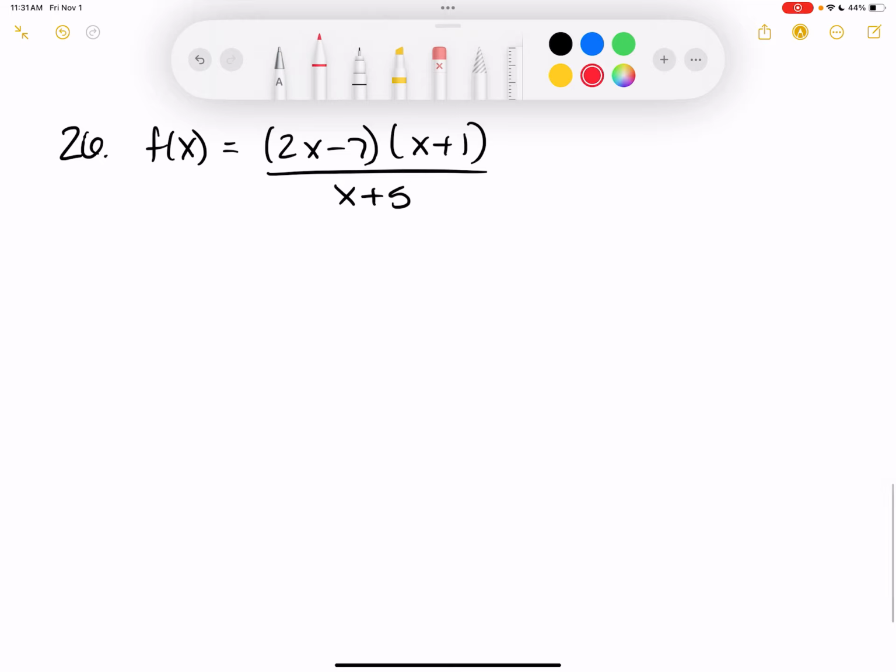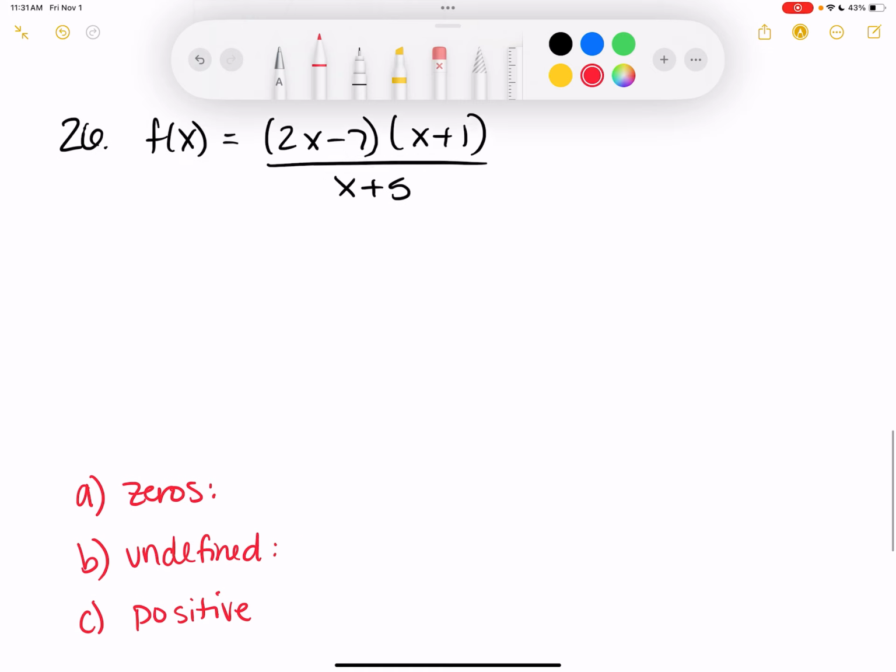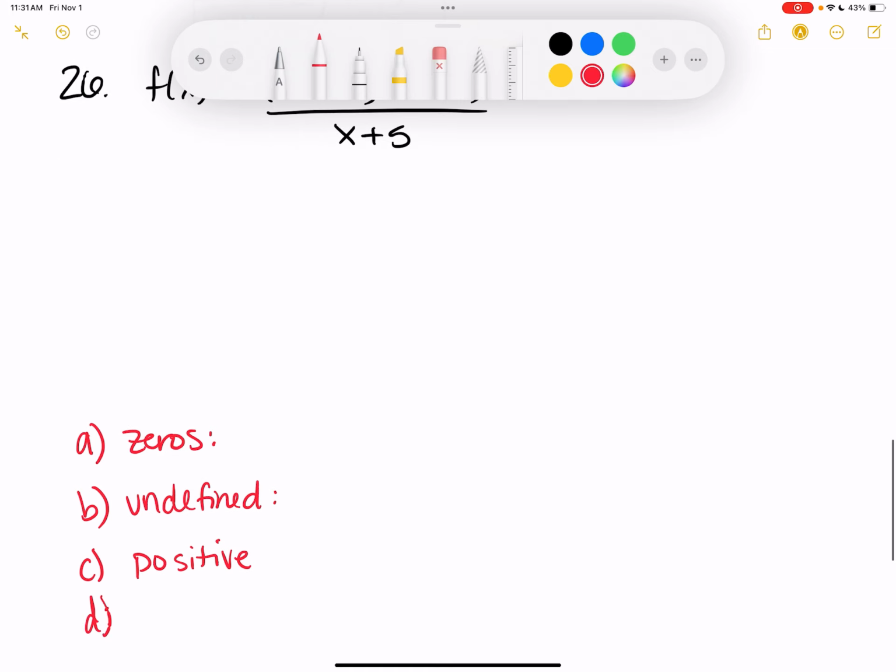So when I do these, I'm going to be ultimately finding zeros, where it's undefined, where it's positive, and where it is negative.